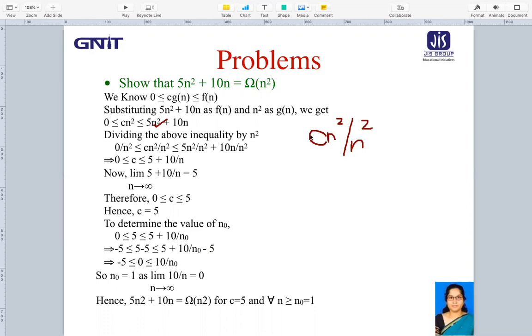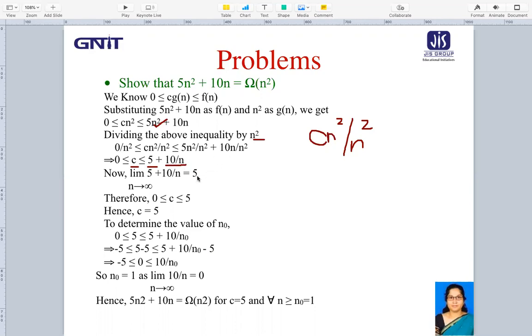All the sides are divided by n square. If we divide Cn square by n square, we get C. If we divide 5n square by n square, we get 5. And if we divide 10n by n square, we get 10 by n.